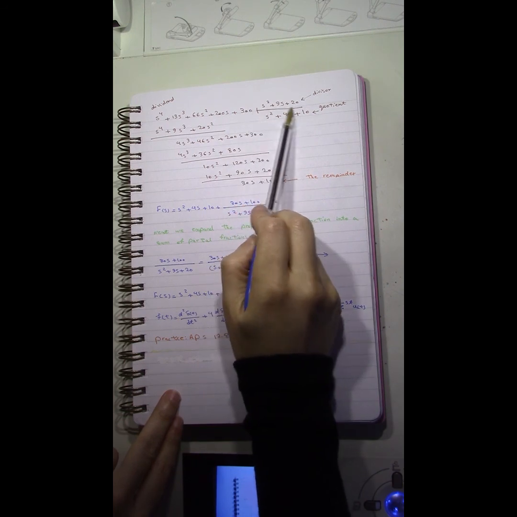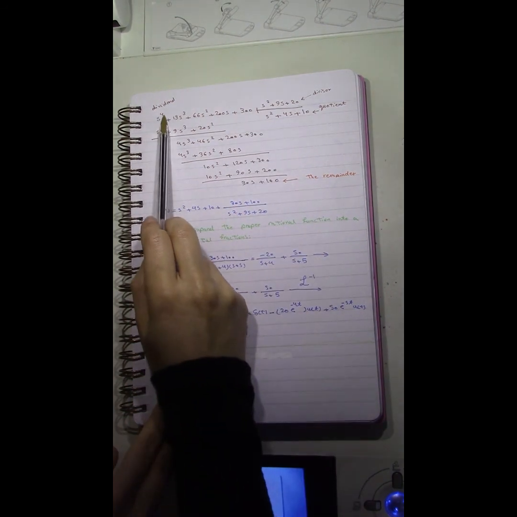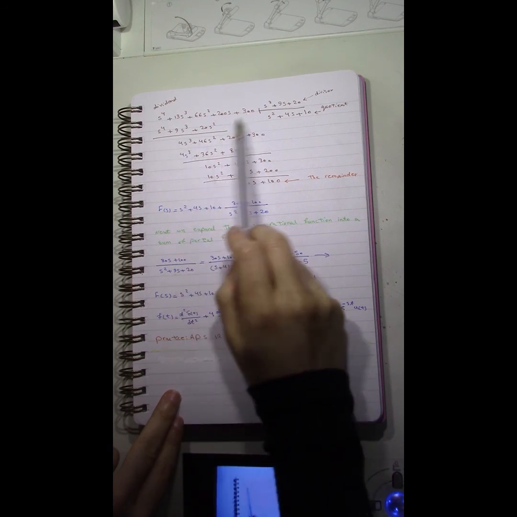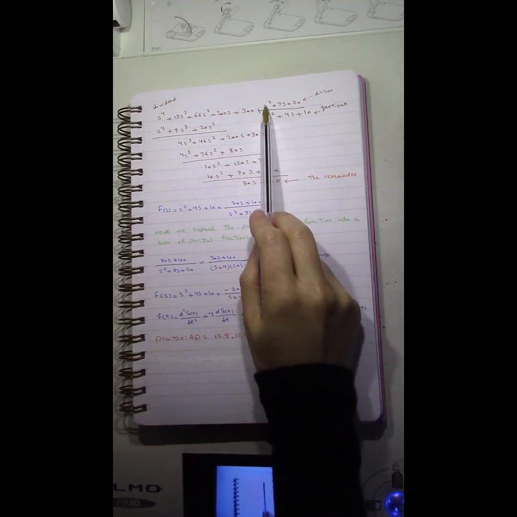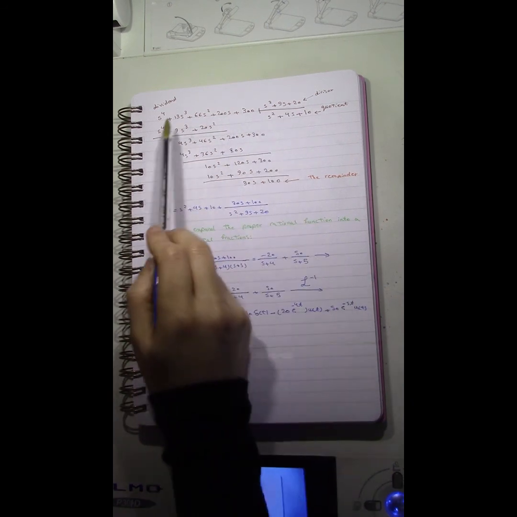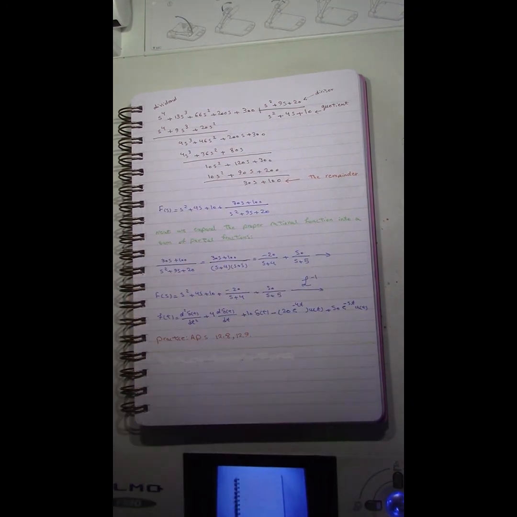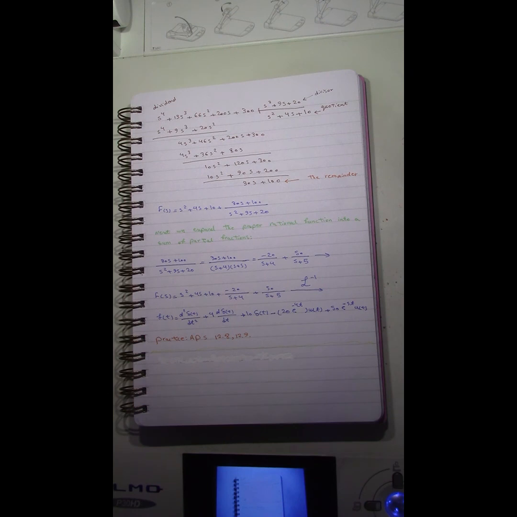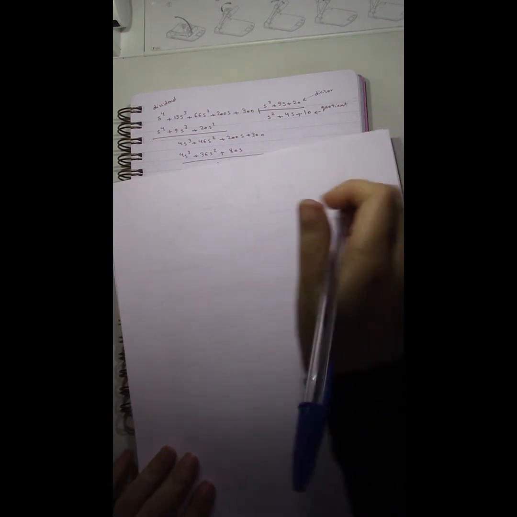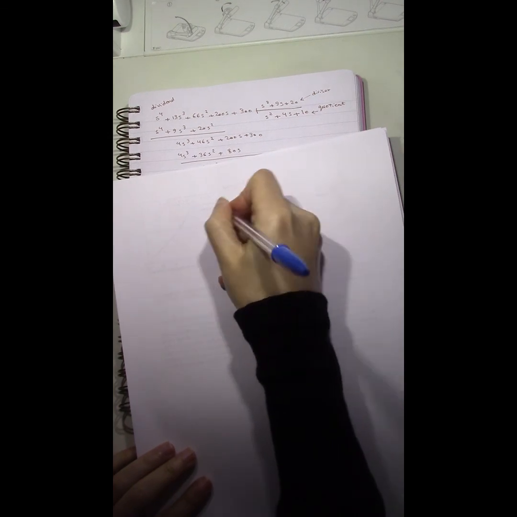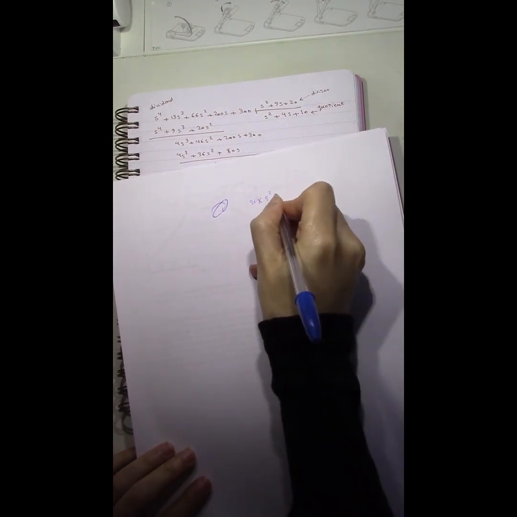You just arrange it from the highest order to the lowest one, and this one the same. So what should be multiplied by S2 to get S4?